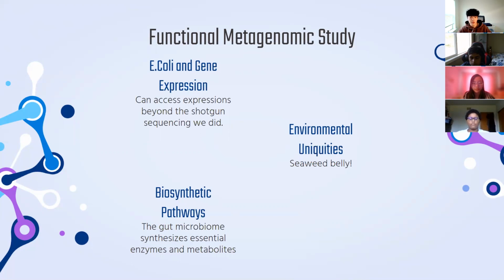One example would be carbohydrate-active enzymes, or CAZymes, which were found in the metagenome using functional metagenomics. And yeah, they are essential to our function to catabolize fibers and are extremely important to the human gut microbiome. Next slide.